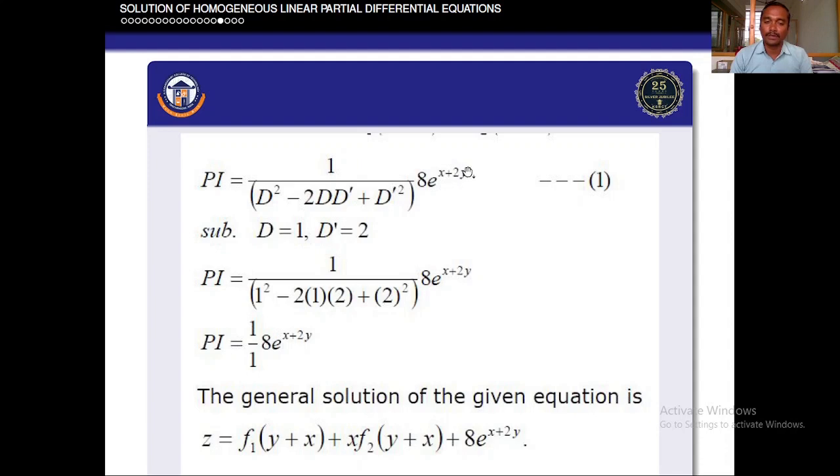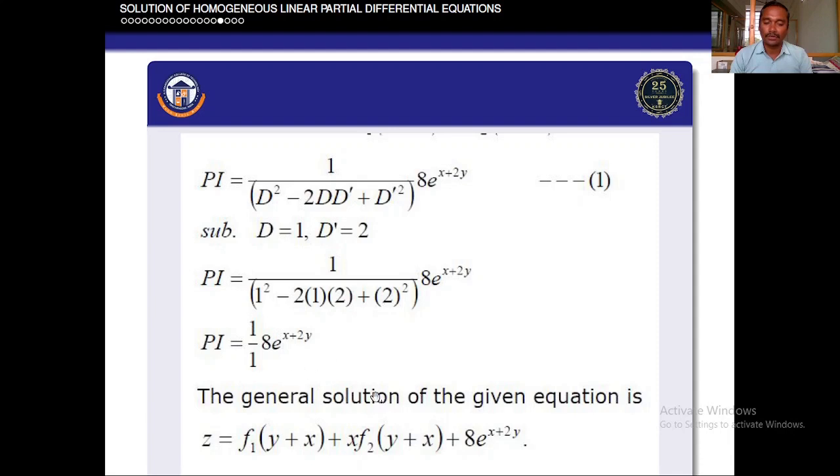Here y coefficient equals 2, so D dash equals 2. Which gives 1 square minus 2 into 1 into 2 plus 2 square. Here the answer is 1 by 1 into 8 e power x plus 2y.